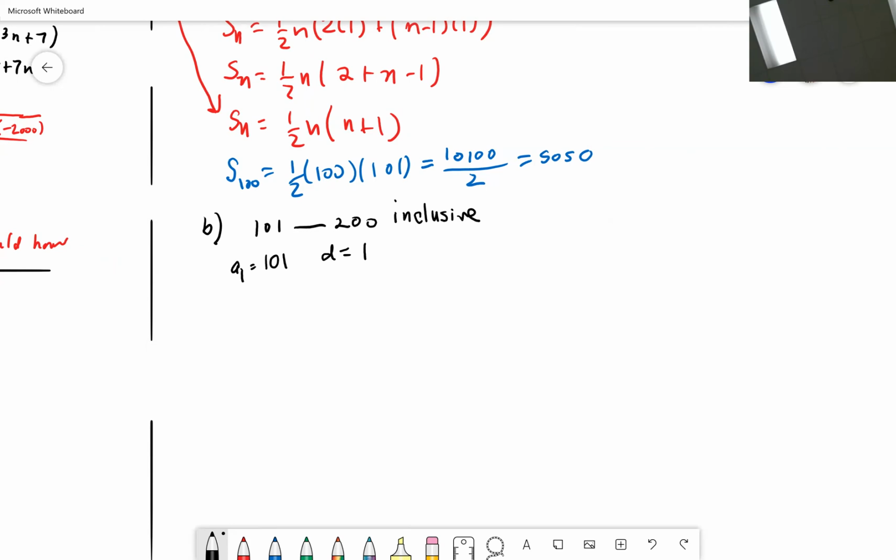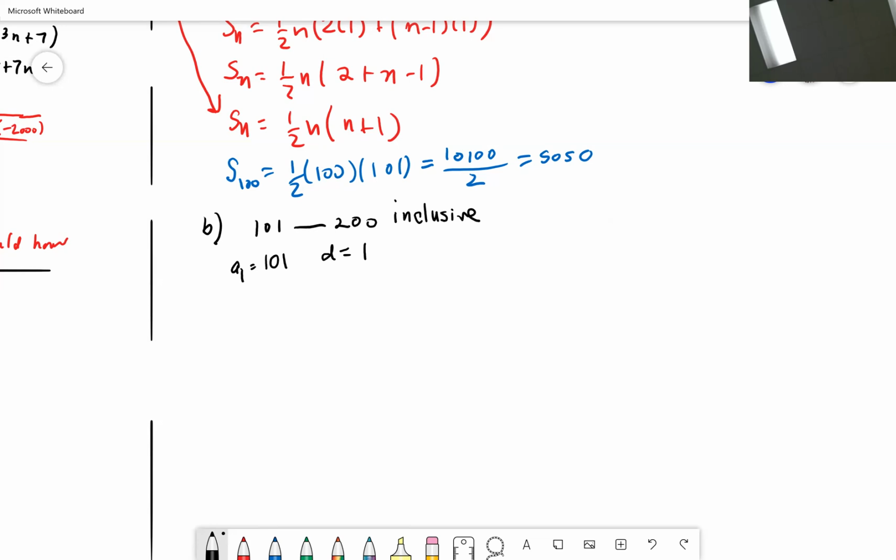And from 101 all the way to 200, how many numbers are there? From 1 to 10, how many numbers are there? 10. From 1 to 100, how many numbers are there? 100. So from 101 to 200, how many terms are there?